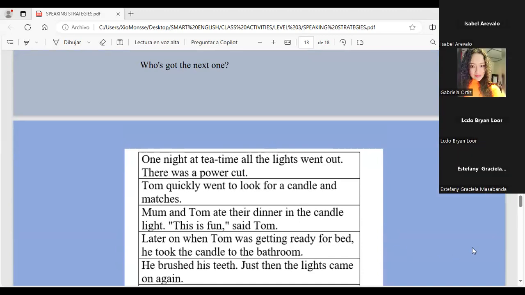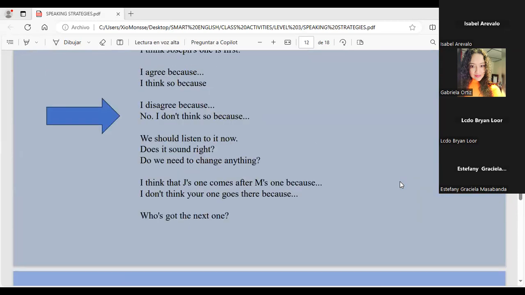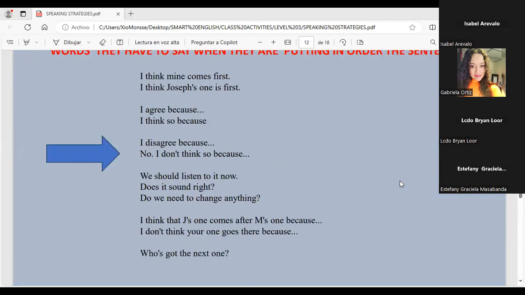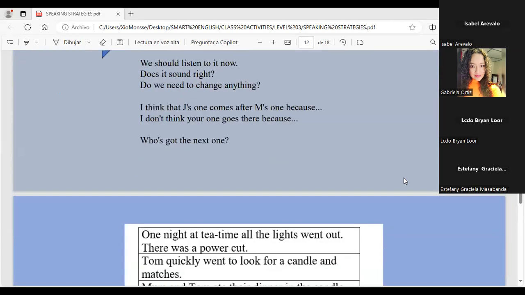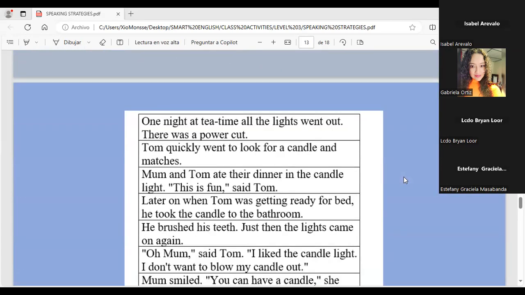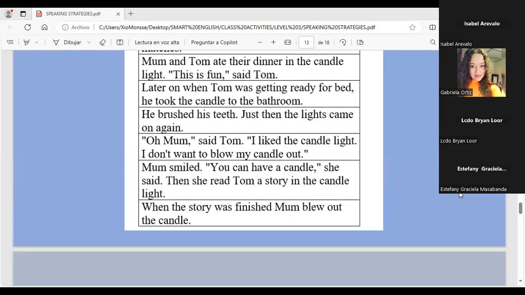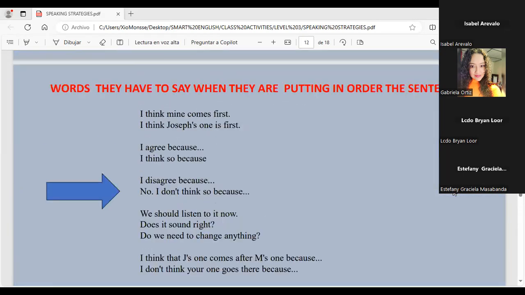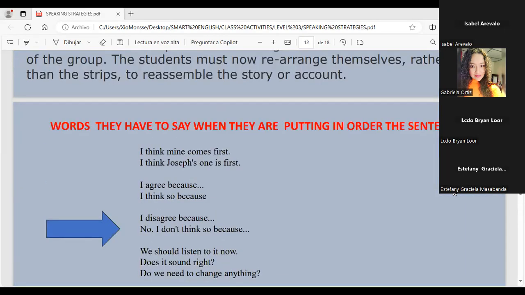Gabby? Stefania? Are you going to practice this speaking activity with your students? Do you understand this activity? Brian, do you understand? Stephanie?